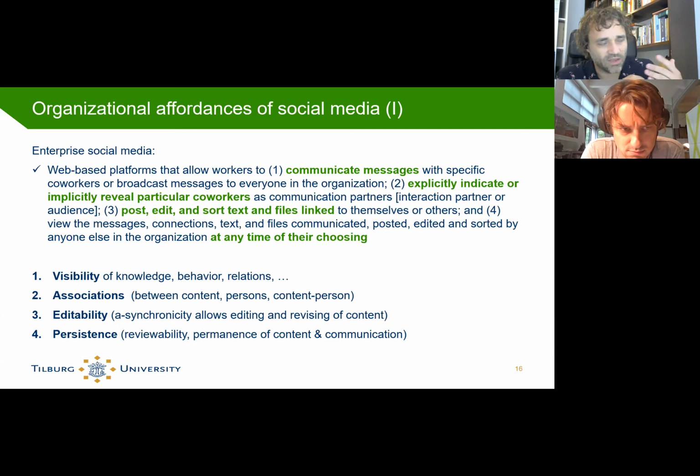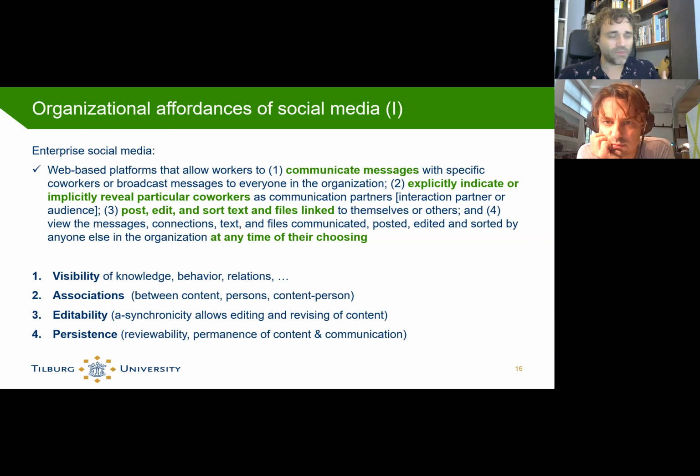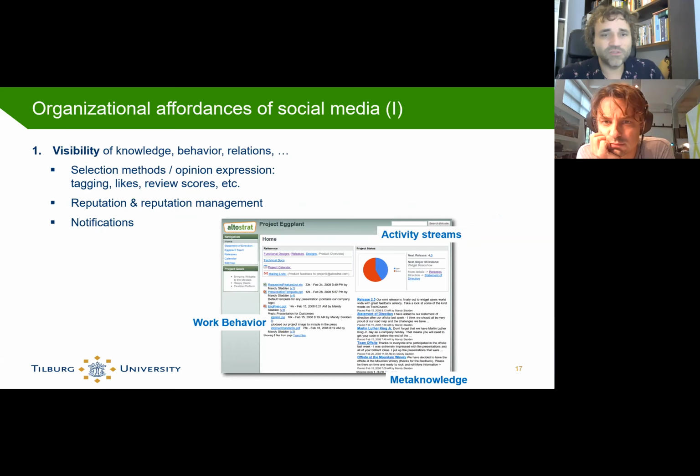And they say the first one is visibility. That's what we already talked about in this lecture: it allows you to create content, and that content stays visible. In an organization, that means that if you have a discussion forum or if you use Slack for project management, it is visible to your co-workers, and it may even remain visible once the project has ended.